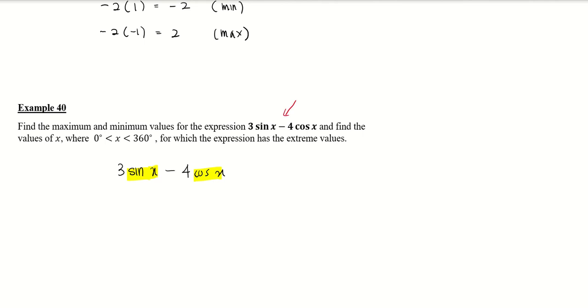Okay, so in linear, we have a method to change from this linear form to a single form, where we change it to the form of either r sin theta plus or minus alpha, or in the form of r cos theta plus or minus alpha.